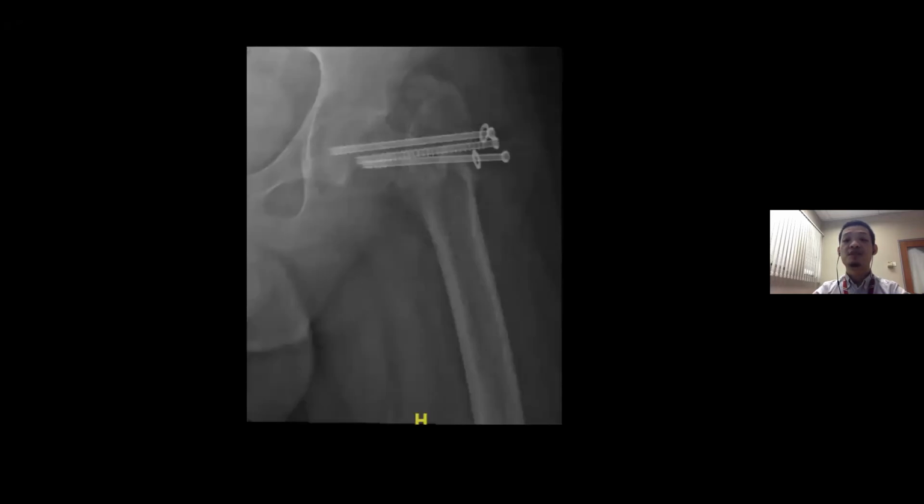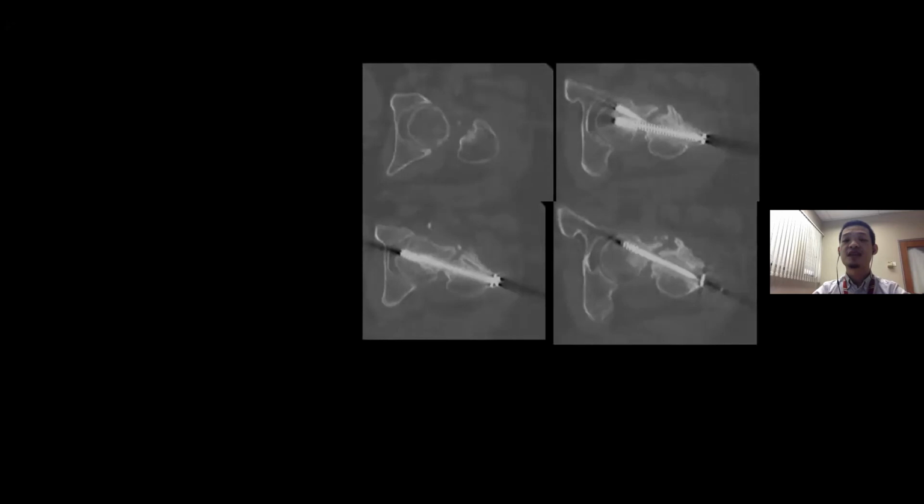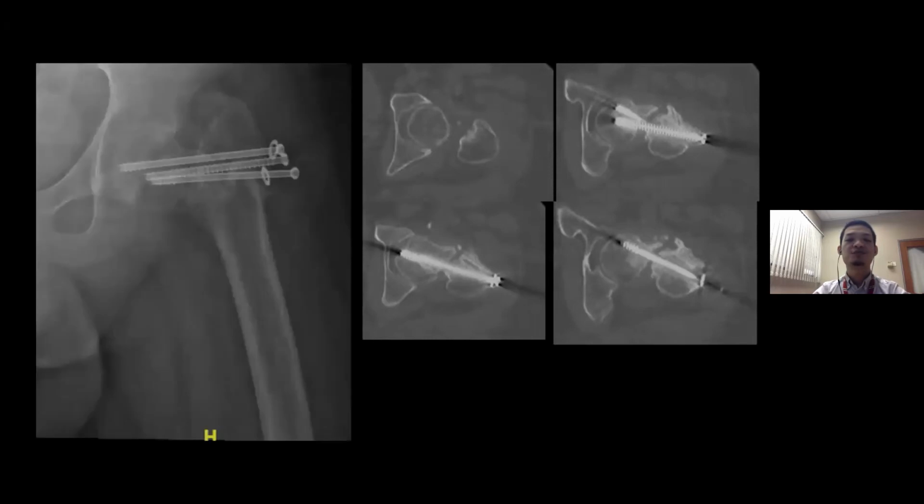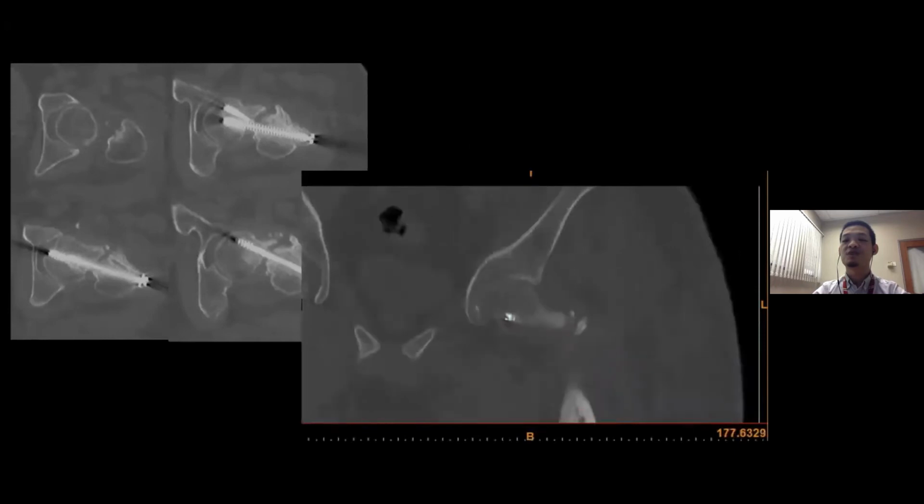This is the femur x-ray. He came from Penang with a CT scan which only has axial views, which is still a bit confusing to us. So we managed to 3D render this, and this is the CT scan from our software, which showed a clear non-union of the femoral neck. Then we did the planning.